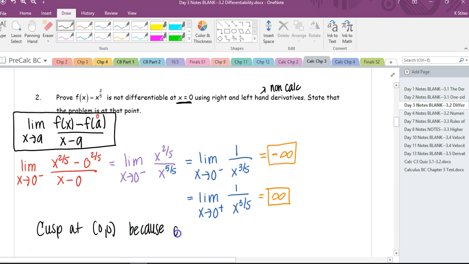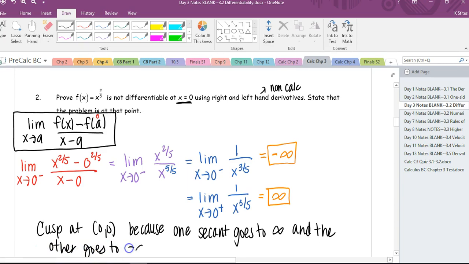Because one secant goes to infinity, and the other goes to negative infinity.